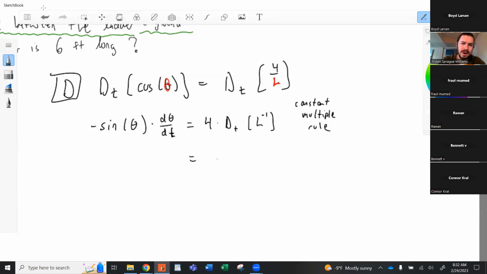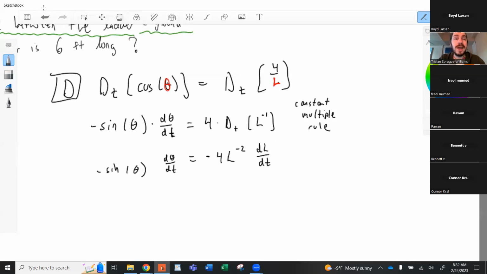So bring the -1 power down, we get -4, and now we have L to the power -2. And then, because it was L, we multiply by dL over dt. There we go. And I guess I'll just copy the other side.